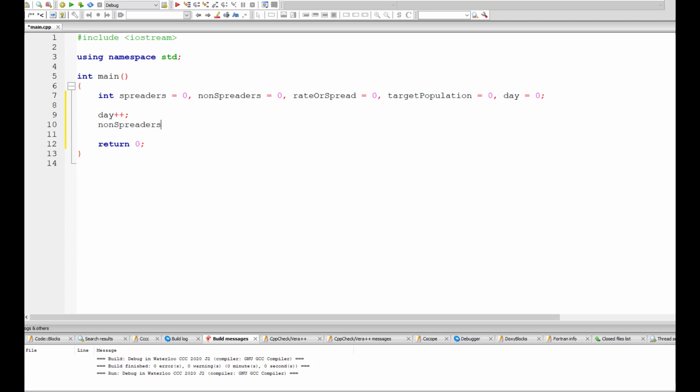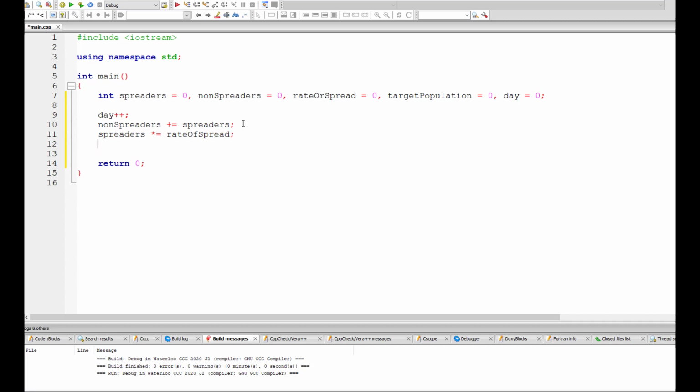So the non-spreaders plus equals the spreaders. So the previous day's spreaders become non-spreaders. But before they become non-spreaders, or we can do it right after, they also spread the disease. So the spreaders times equals the rate of spread.